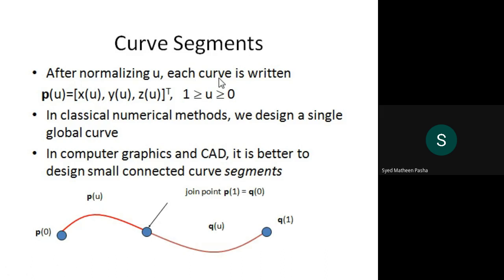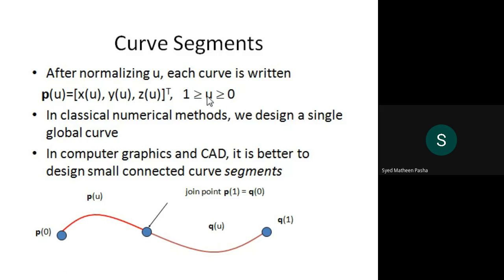Once you normalize u, the curve equation can be written as p of u, which is the transpose of all the terms x, y as well as z, where u should lie between 0 and 1.